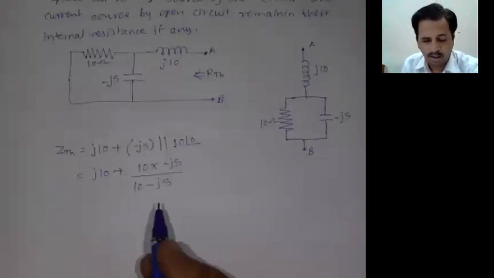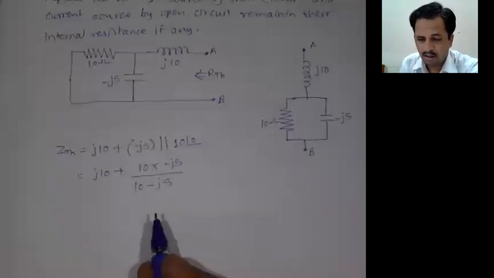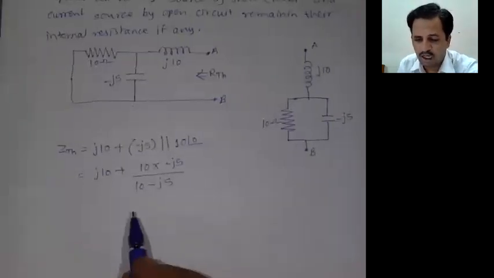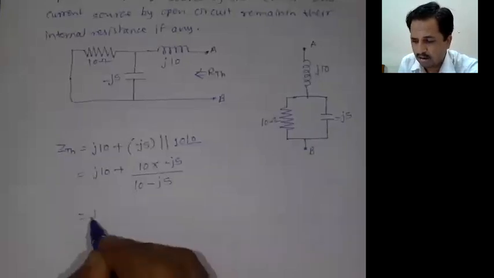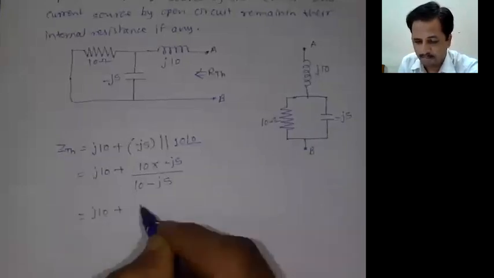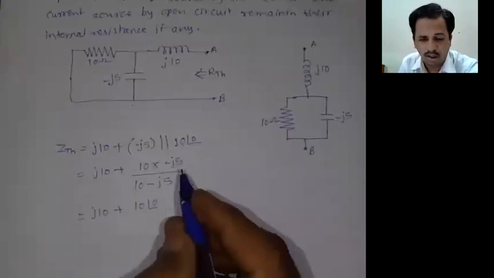Now the next term, we have to again simplify these two quantities. For the simplification of these two quantities, we have to convert them into the required form, that is j10 plus 10 with angle 0, which I have mentioned earlier.